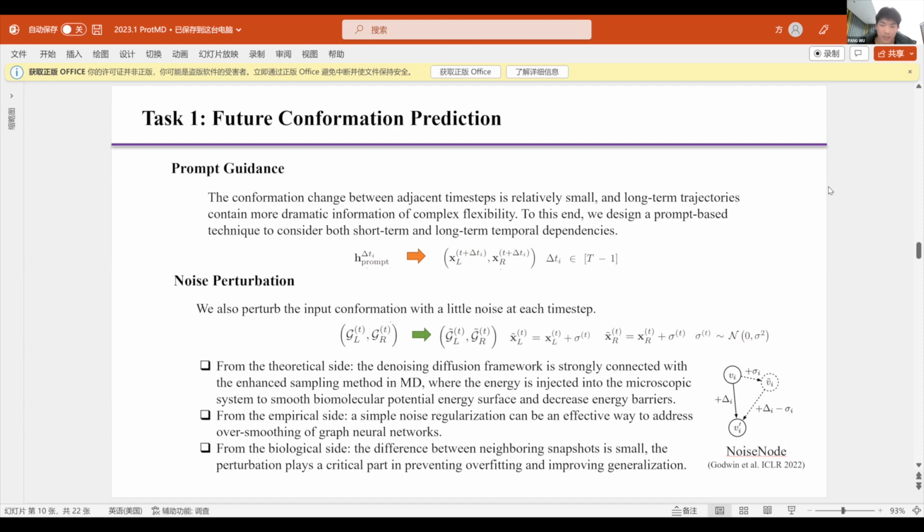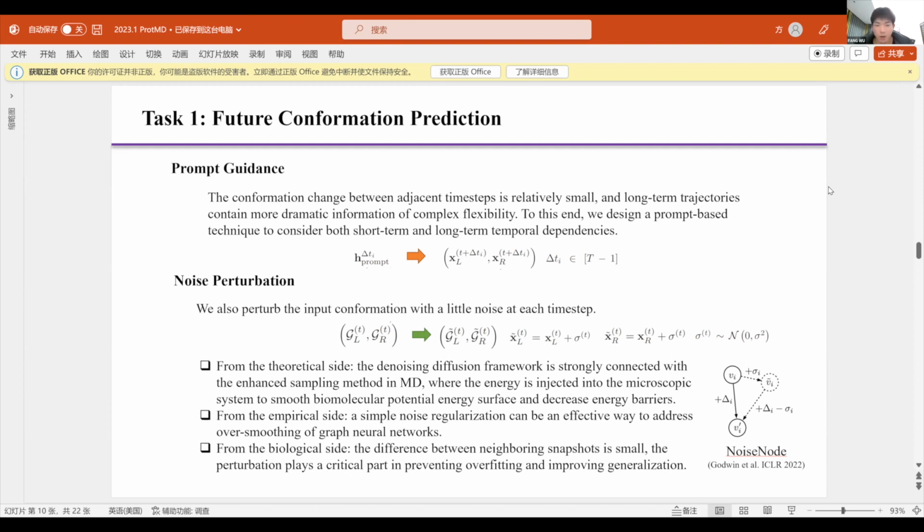So delta t can be any integer larger than 0 and smaller than or equal to T minus 1. So you can use this prompt to indicate that the model should predict, rather than the next time step, 10 time steps after or 50 time steps after.